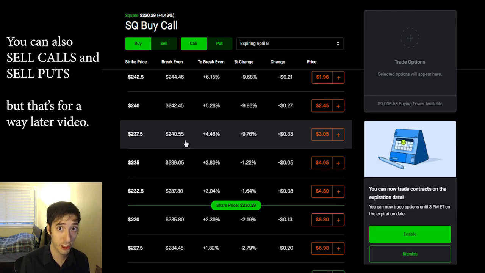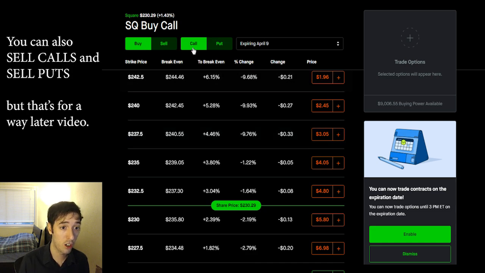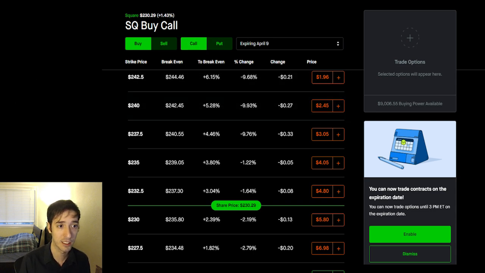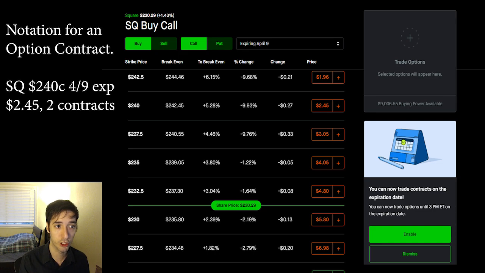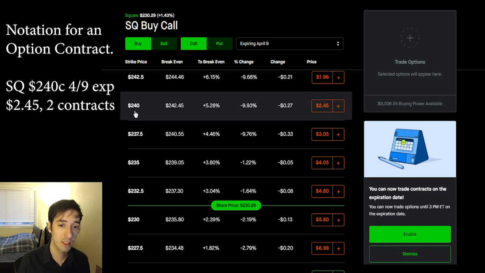We know what an expiration date is. We know what a strike price is. We know what a call and a put is. Basically, the notation for an option is written as the ticker symbol, which is Square, so SQ240C: an option with a 240 strike price, and it's a call option, 240C. 240P would be a put, right?